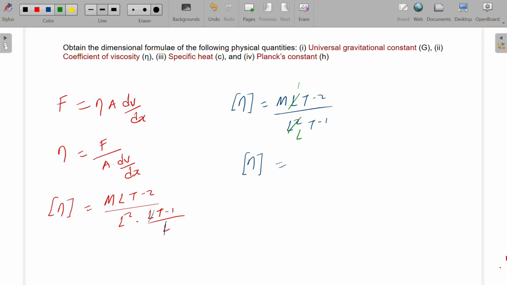And then for T minus 2 and T minus 1 down here, when you have the same bases that have got powers, for example, we have T on top, T down here. They are dividing, so all you have to do is subtract the powers.